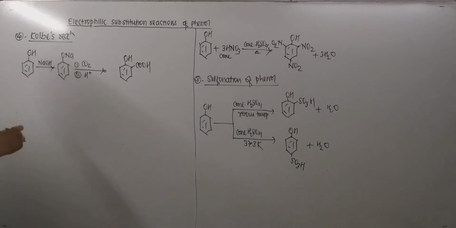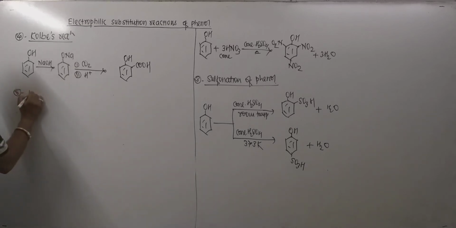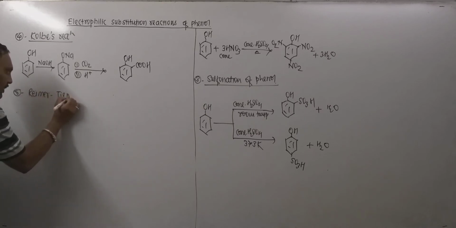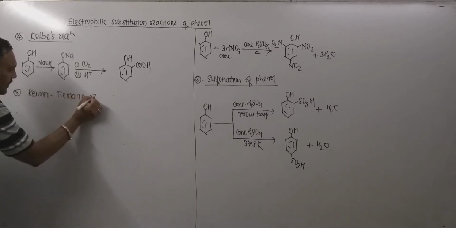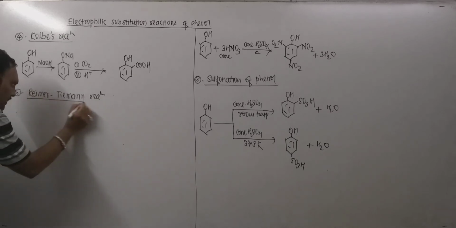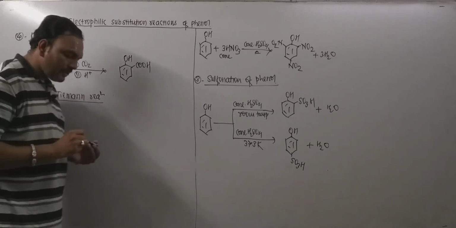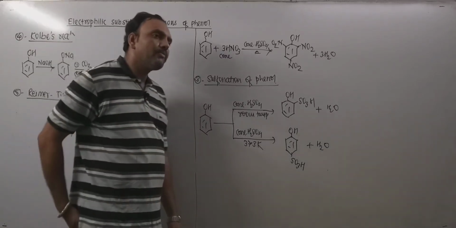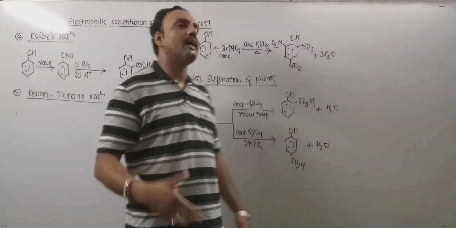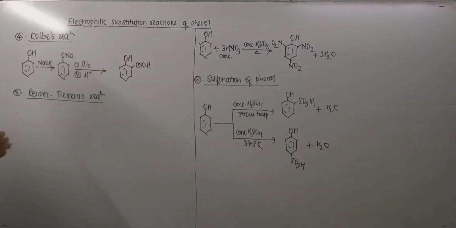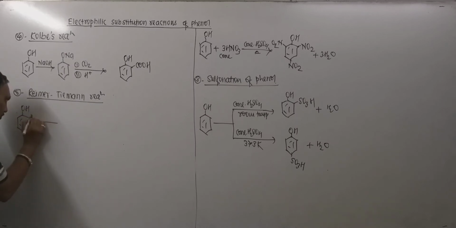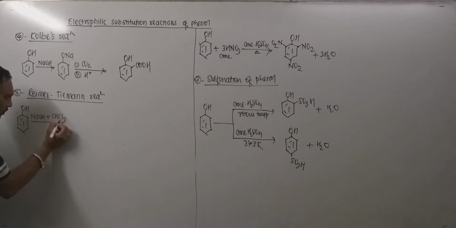And next to this is the Reimer-Tiemann reaction. Now, the Reimer-Tiemann reaction is the conversion of phenol to salicylaldehyde. Now, what happens in this case? We need to react phenol with a mixture of aqueous NaOH and chloroform.